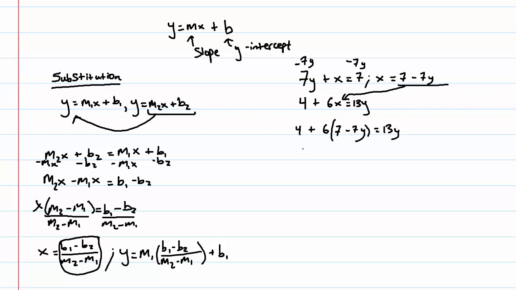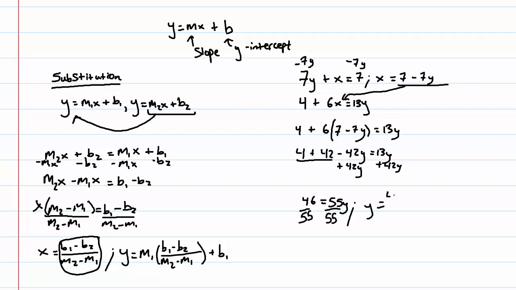Before we do anything else, let's distribute. Now we have 4 plus 42 minus 42y equals 13y. We can add the 42y on both sides, and we can combine these two numbers to get 46 equals 55y. From here, we can divide by 55 on both sides, and we'll have y equals 46 over 55.